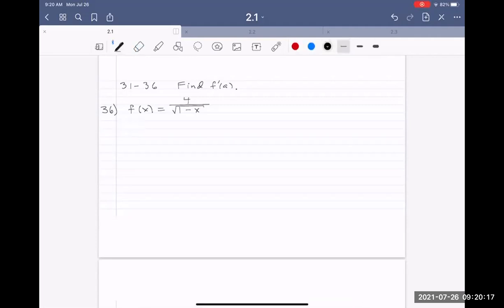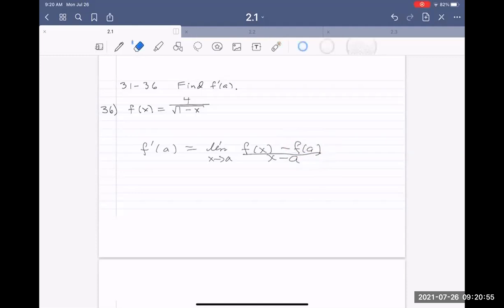I have that f prime at A is equal to the limit as x approaches A of f of x minus f of A over x minus A. So first thing to notice is that if A is in the domain of f prime, it has to certainly be in the domain of f because f of A has to be defined.